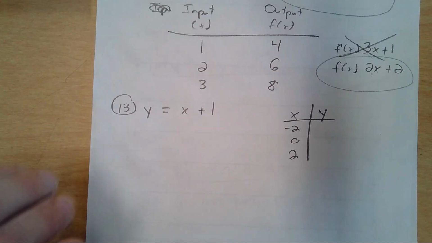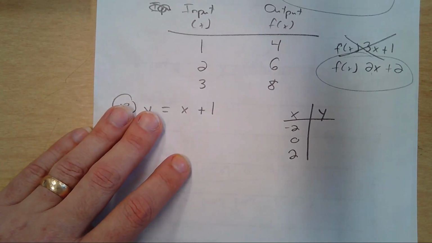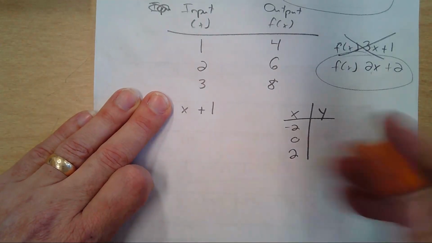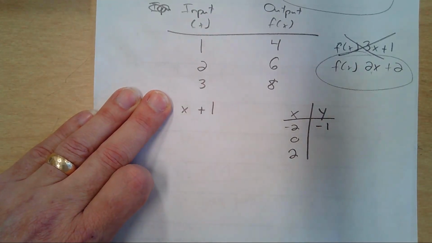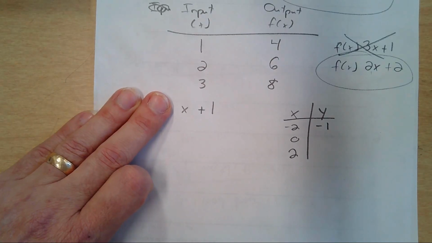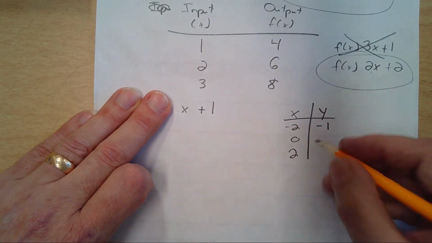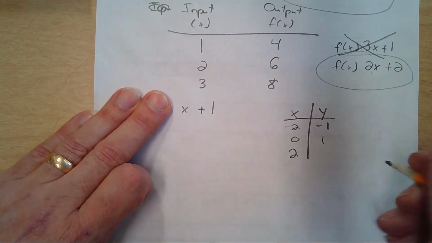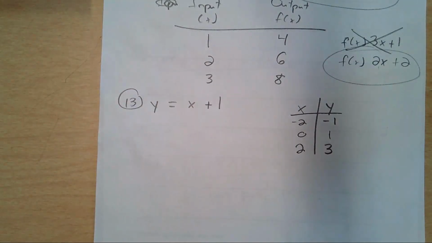Sounds good to me. Now I'm going to plug each of them in here. So if x is negative 2, plus 1, y would be negative 1. If x is 0, and I add 1 to it, I get a positive 1. And if x is 2, add 1 to it, I get a 3.